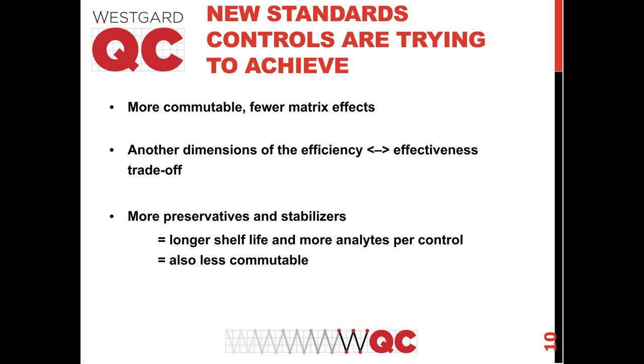So we will probably not get to a place where everything is purely commutable and there are no matrix effects, as long as our goal is we want things to last a long time on the shelf, we want scores of analytes in a single bottle, that will require more preservatives and more stabilizers, and might keep it less commutable.